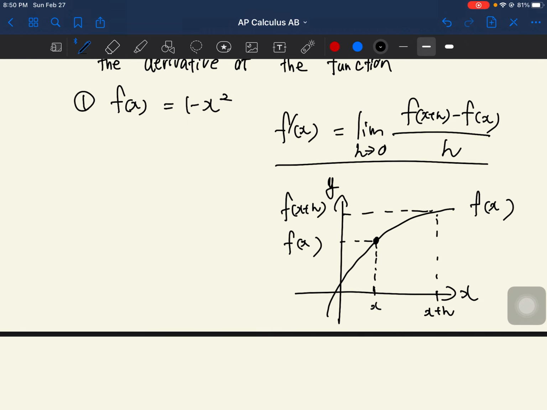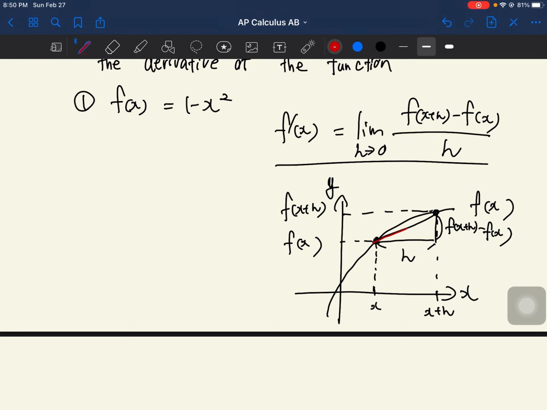I think it's okay so far. So if you want to find the slope between these points, if it's just a linear line, what you're going to calculate is you try to make the triangle here, and this value is h because it's from x to x plus h, and this one is f of x plus h negative f of x.